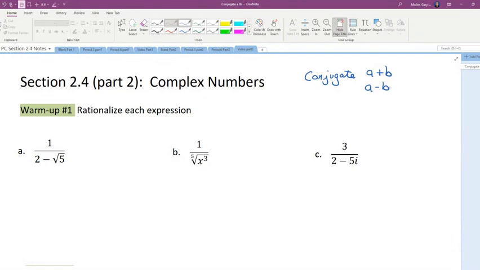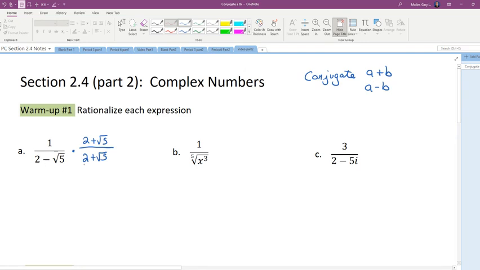So what's going to happen here is if I multiply by the conjugate, so I'm going to multiply by 2 plus the square root of 5 over 2 plus the square root of 5. Then in the bottom, what we've set up is a multiplication that is going to give us the difference of two squares, right? We have multiplying conjugates together. I'll multiply this out once, but I want you to notice that really we can jump ahead to the end.